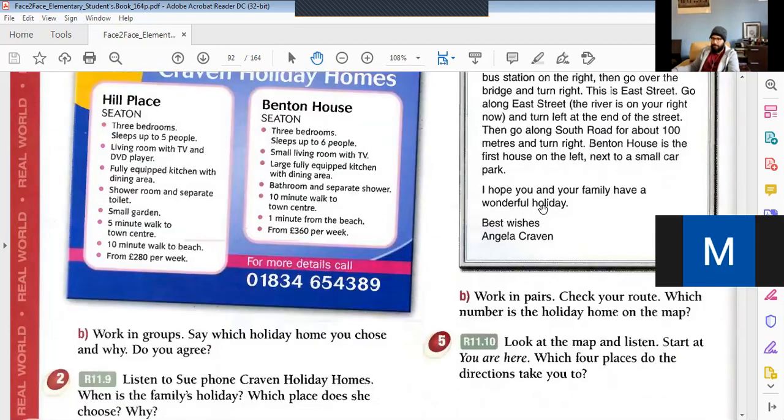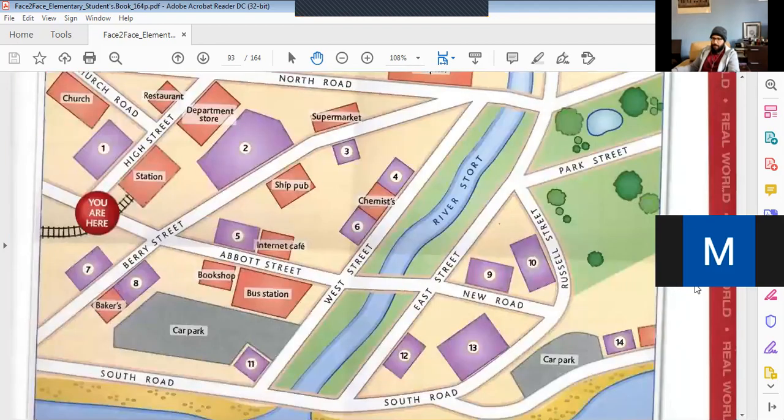We'll start with the first step. So this is Abbott Street. Can you see Abbott Street? Yes. Yeah. So, okay, so let's start. We'll follow the directions. So she said, go along Abbott Street past the bus station on your right. Where's the bus station? Next to the bookshop. Okay.